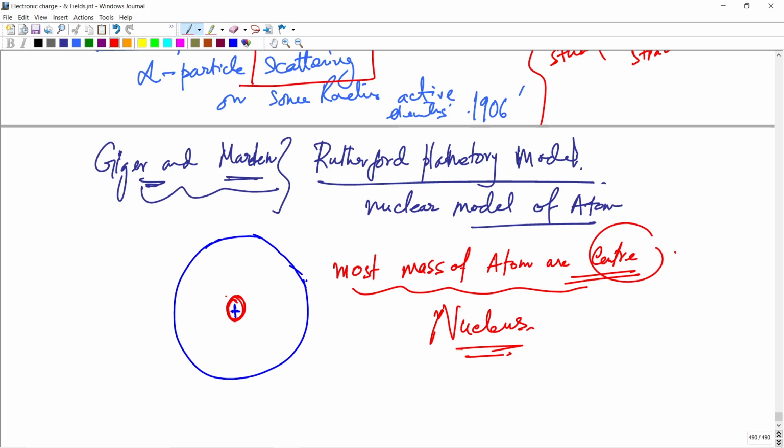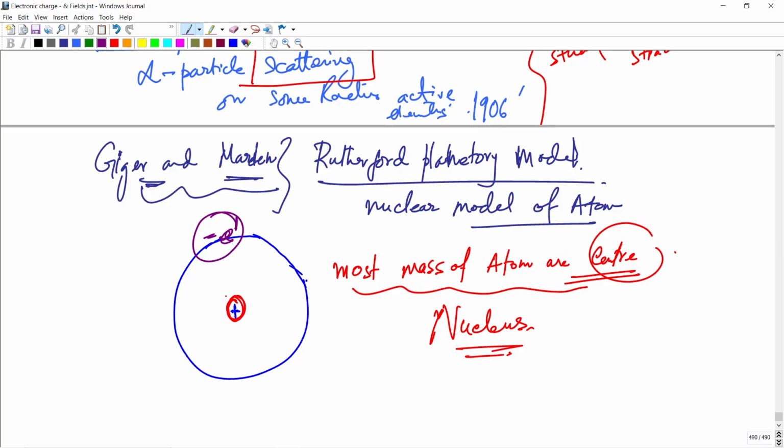And then there are electrons, with negative charge. The electron has an orbit and rotates in that orbit around the nucleus, just revolving like a planet.